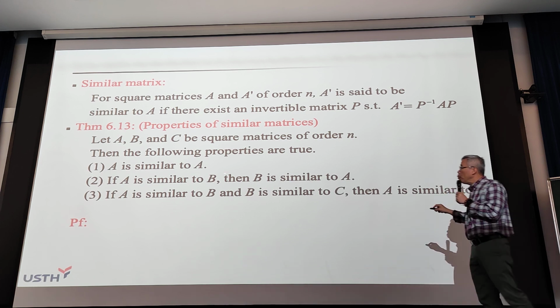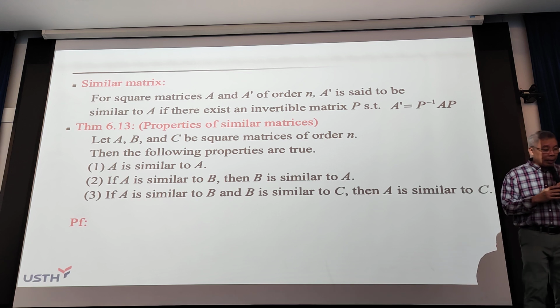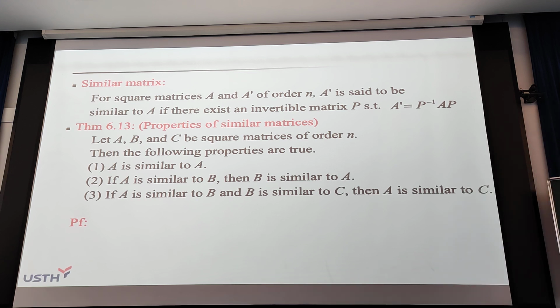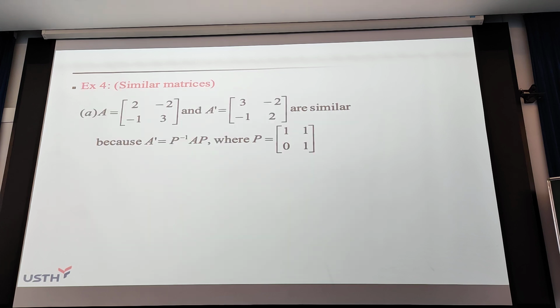If A is similar to B, B is similar to A. And if A is similar to B and B is similar to C, then A will be similar to C. That is some property of similarity. The explanation for this fact is given here. I need you to read it by yourself.